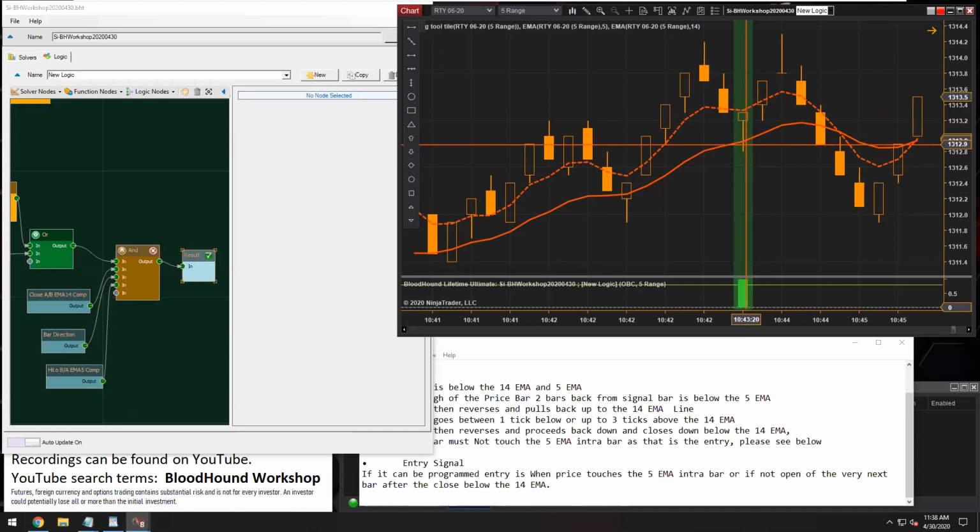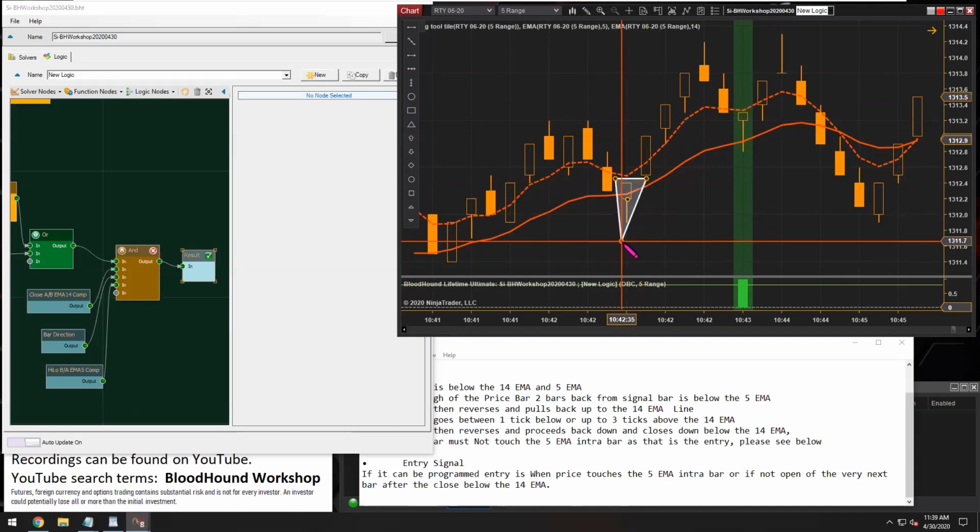So great. So we can see, right, the low broke through the EMA14 only by a tick. So yeah, actually look at this. Perfect. We have a great comparison here.